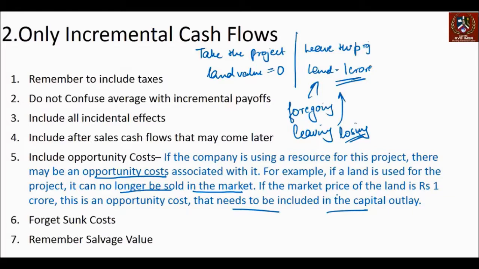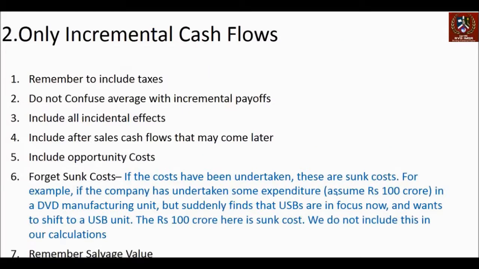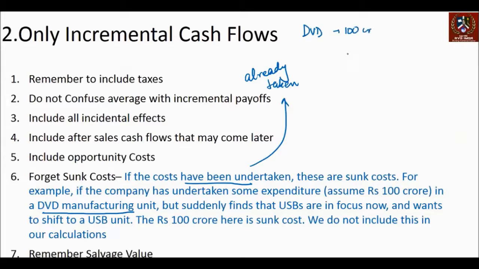Now, just opposite to this, there are some other kind of costs which are sunk costs. These are costs that have been undertaken, or costs that have already been taken. These have to be excluded, right? So for example, let's assume there is a company that is setting up a DVD manufacturing unit, right? And they've taken some expenditure of 100 crore. So they are planning to manufacture DVDs, and they have put up 100 crore for that.